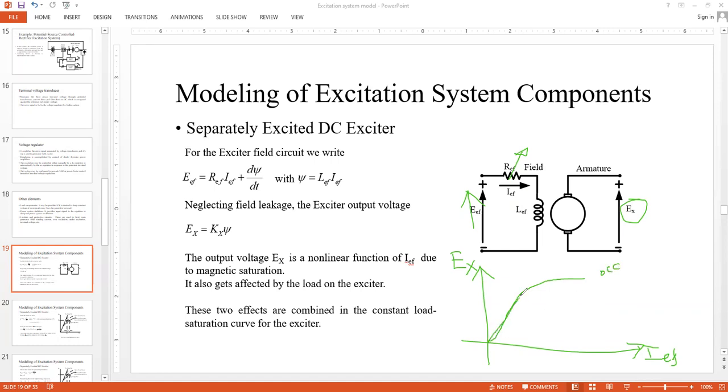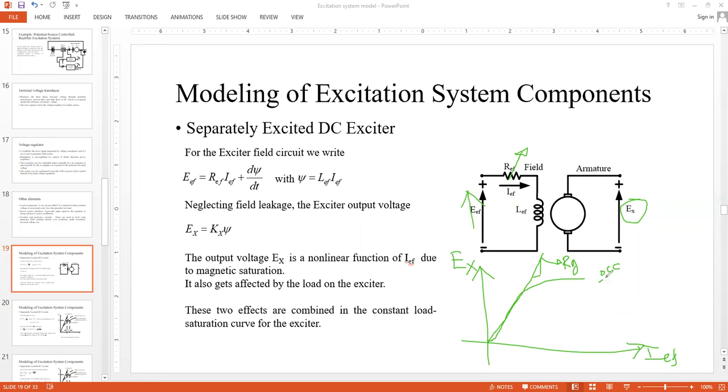If I draw a line tangent to the initial linear part of the OCC of a DC machine, its slope, E divided by I, gives a resistance value. It is known as the constant resistance line, let's say air gap resistance RG, the constant air gap resistance line.